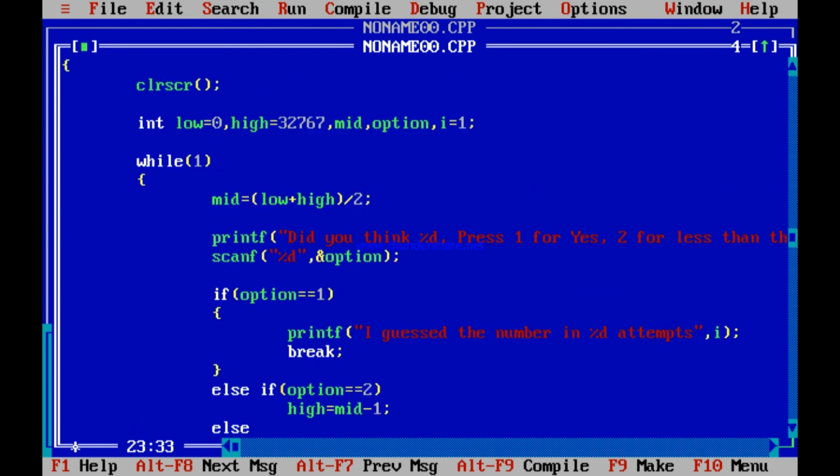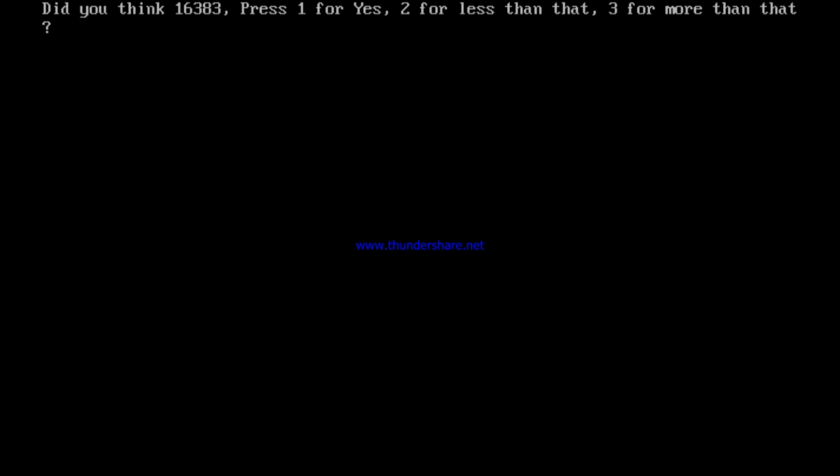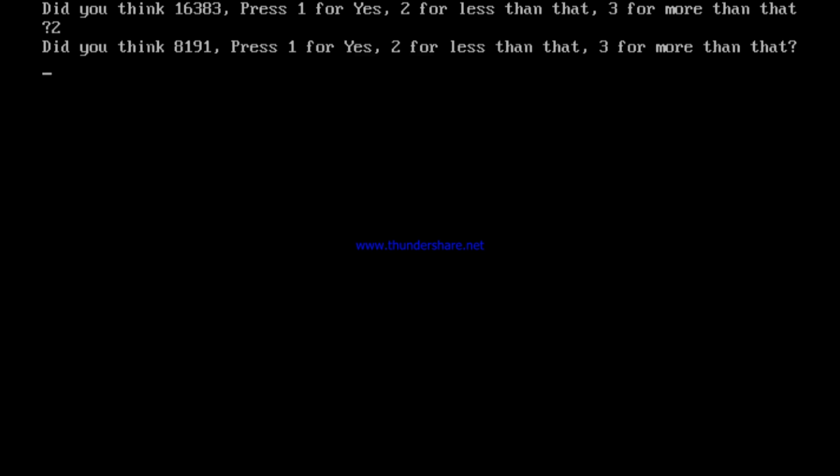You can try out any other number. Say Alt R, enter. This time I guess, say, 2045. 2045 is lesser than 16383, 2.